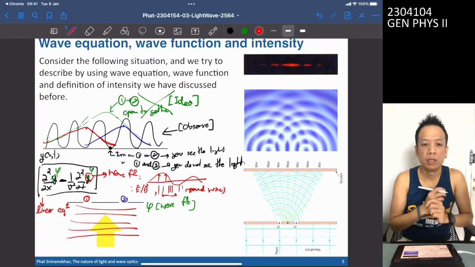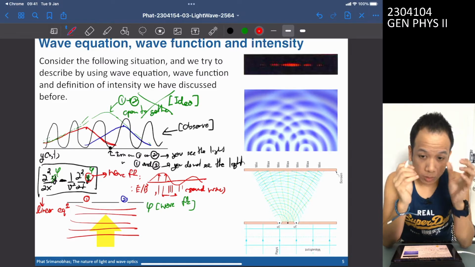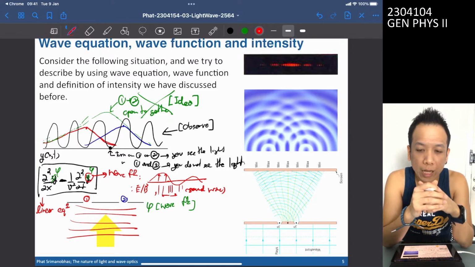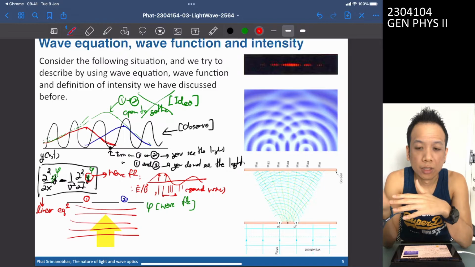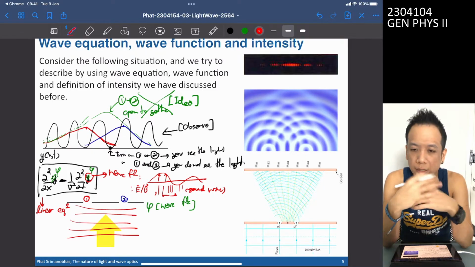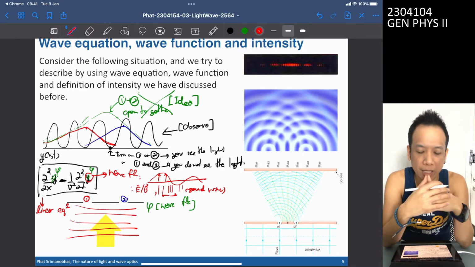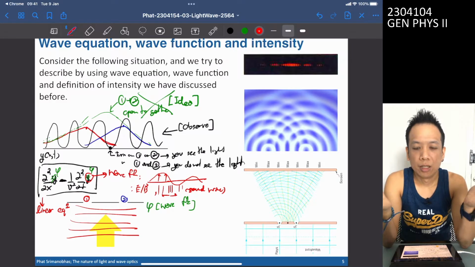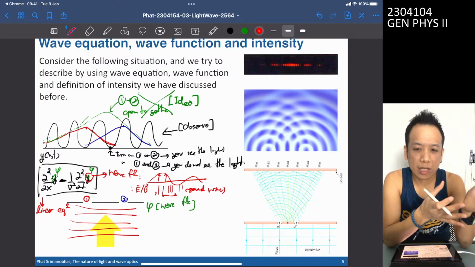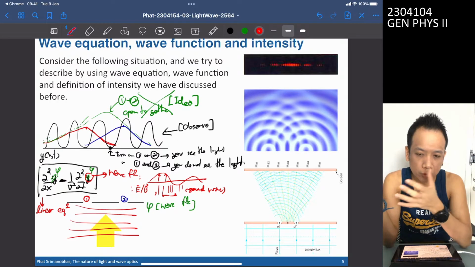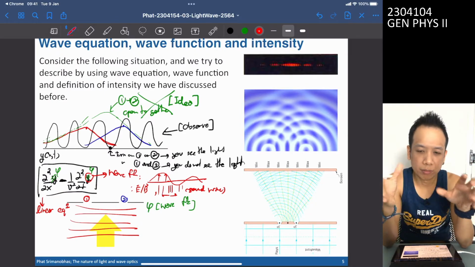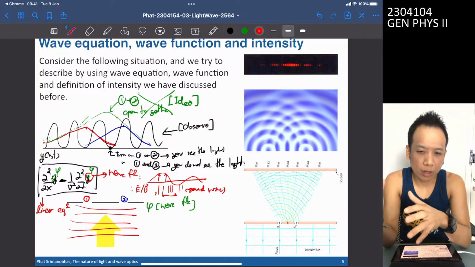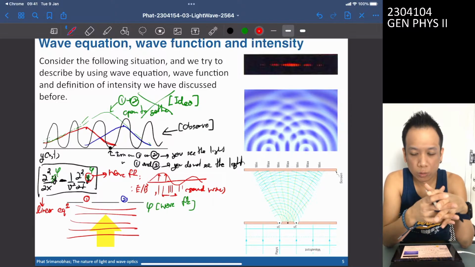It means when you have a solution and you would like to have another solution, for example 10 times bigger, you multiply it by any constant. The new function, which is a constant times the old function, is still a solution for the wave equation.